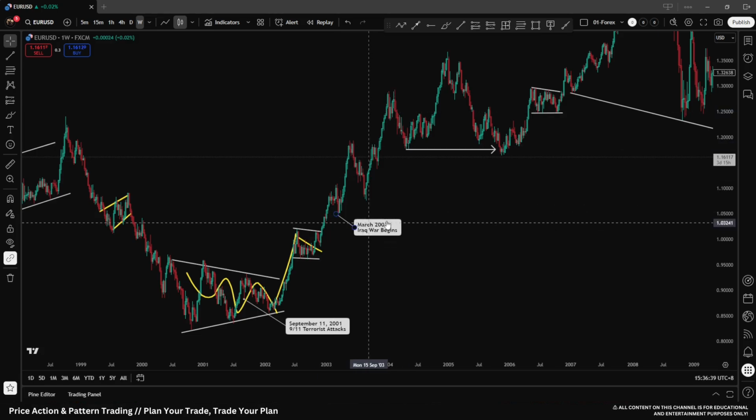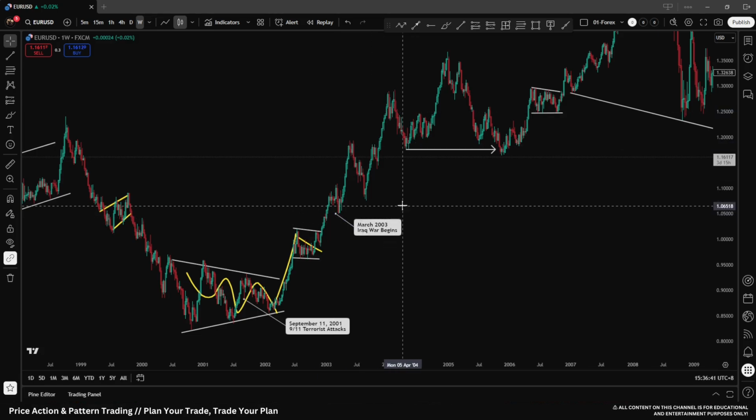And then in March 2003, we had the Iraq war, and that in turn caused some rise in oil prices and impacted the overall global market. And the US dollar got weakened due to the war cost. There were concerns over US military spending.